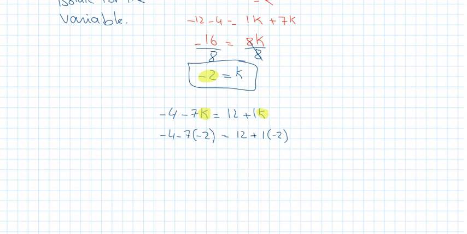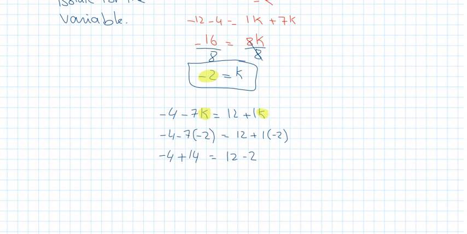So let's evaluate the left side. BEDMAS says, what do I have to do first? The brackets are already done, so I have to multiply. So negative 4, that gives me positive 14. That gives me 12. 1 times negative 2 is negative 2.